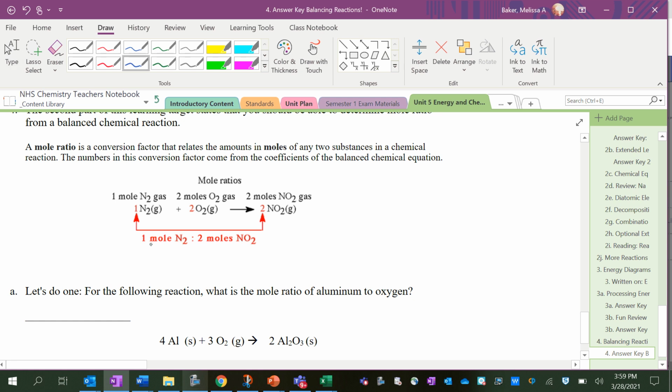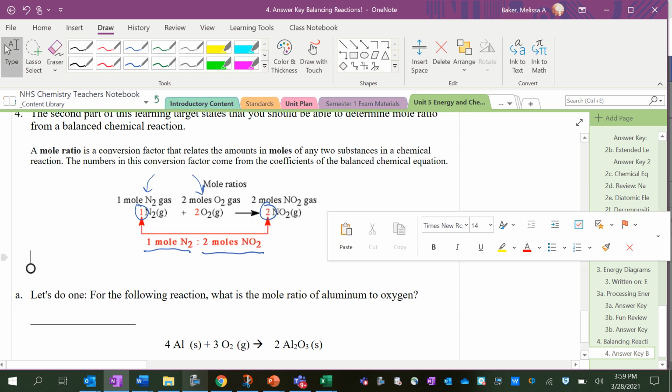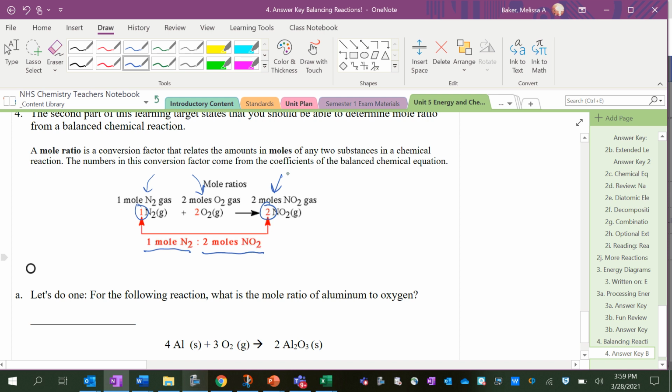Like here, the mole ratio between nitrogen and nitrogen dioxide is 1 to 2, because those were the numbers out front. If I'm reading this reaction, I can also read this 1 mole of nitrogen gas reacting with 2 moles of oxygen gas produces 2 moles of NO2 gas.